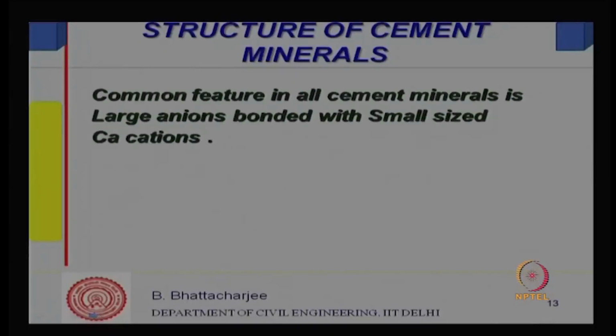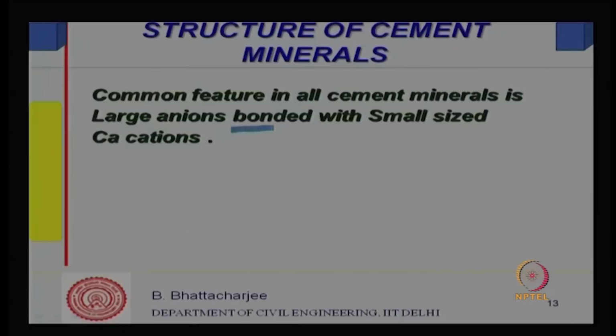Now, what is important for us from this point of view is one feature which is common in all these structures: large anions are bonded with small size cations, calcium cations.